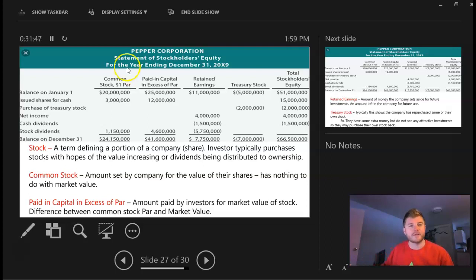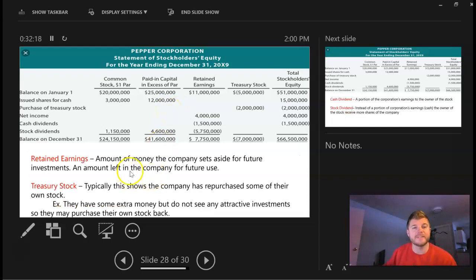Okay, so that $1 par value, it's not worth $1 anymore. So the paid in capital in excess of par, in excess of par is what it's worth more, is now worth 25 million. So this is the amount paid by investors for the market value of the stock. It's the difference between common stock par and the market value, which is here.